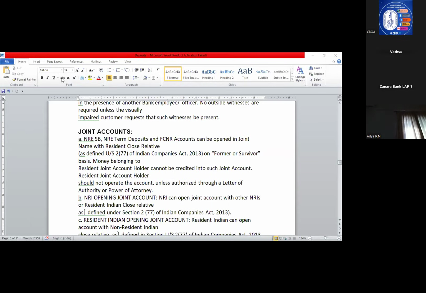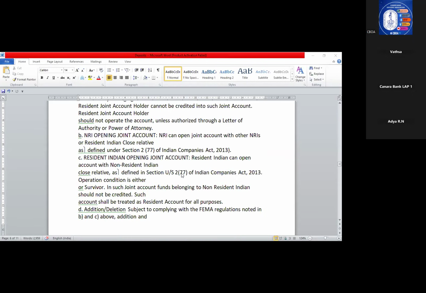And if NRI is opening a joint account with a resident, and in reverse, a resident opening an NRI account, local funds can go, foreign funds cannot come inside.